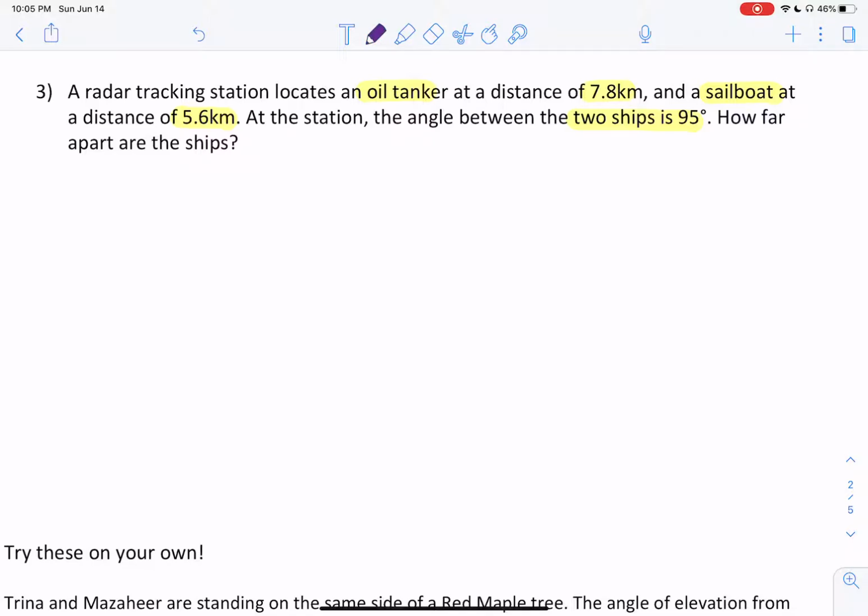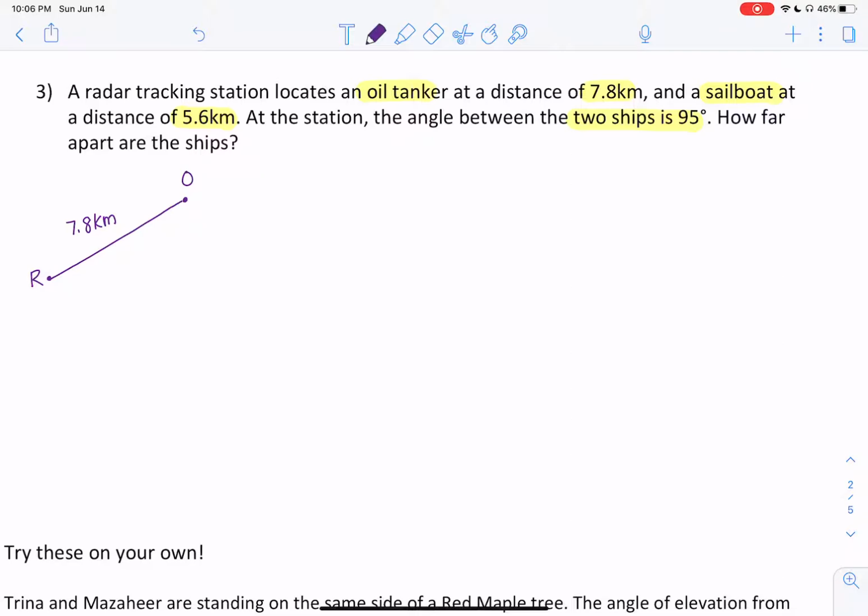So we have our radar tracking station here. And if you've drawn your diagram a little bit different from mine, that's totally okay. There's definitely room for interpretation here. So just be mindful of that when you look at your diagram and if maybe it was rotated from mine. So from our radar station, we have an oil tanker that is 7.8 kilometers away.